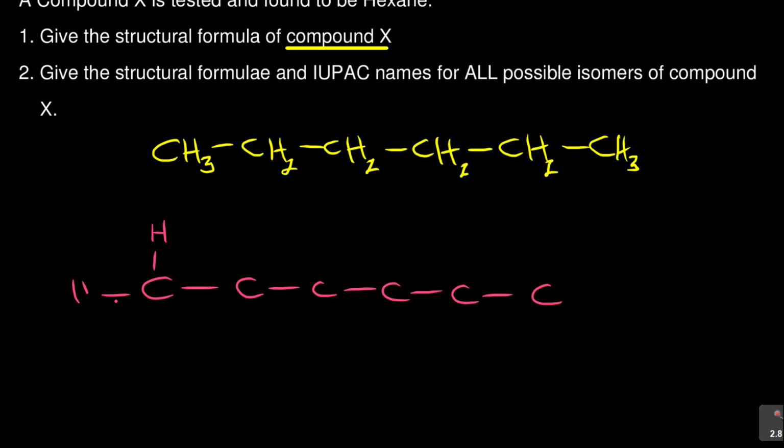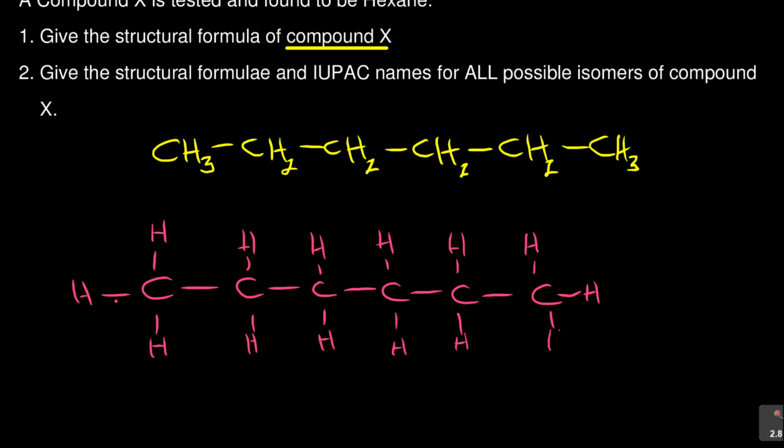And then you come up with the actual structure where each bond is shown in each atom. Remember, the definition of a structural formula is very important for you to know. So there is hexane.